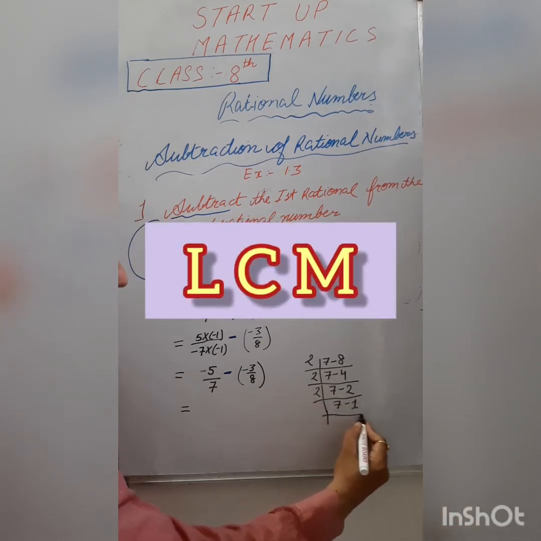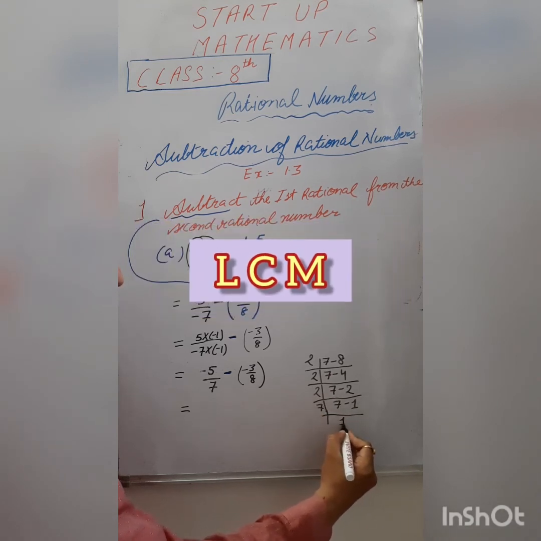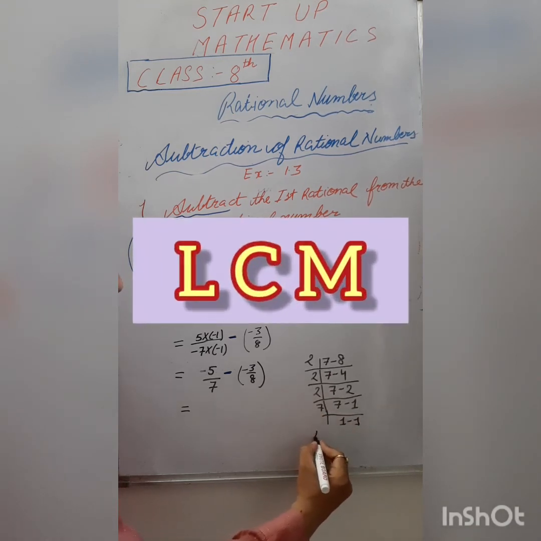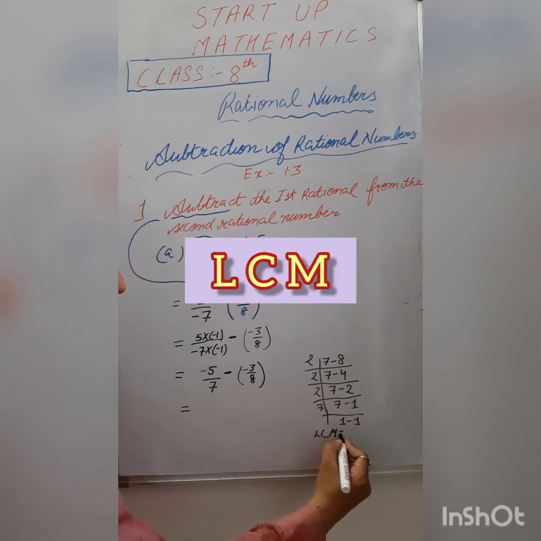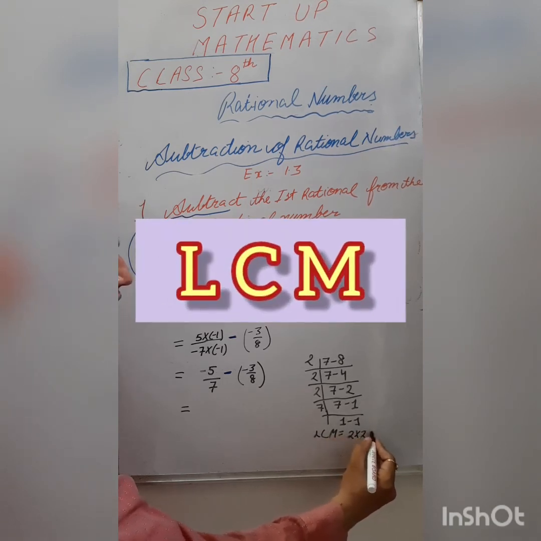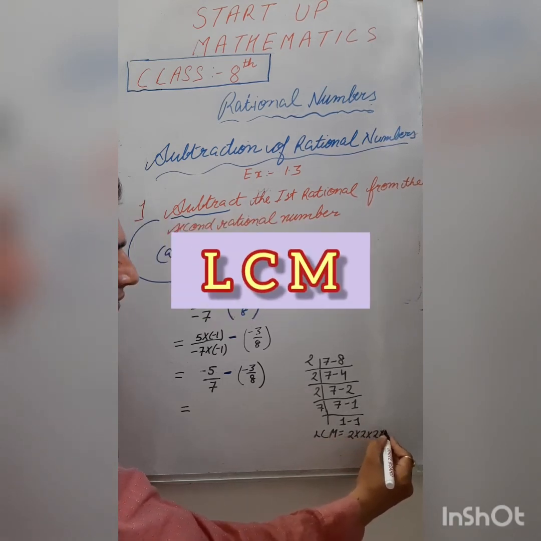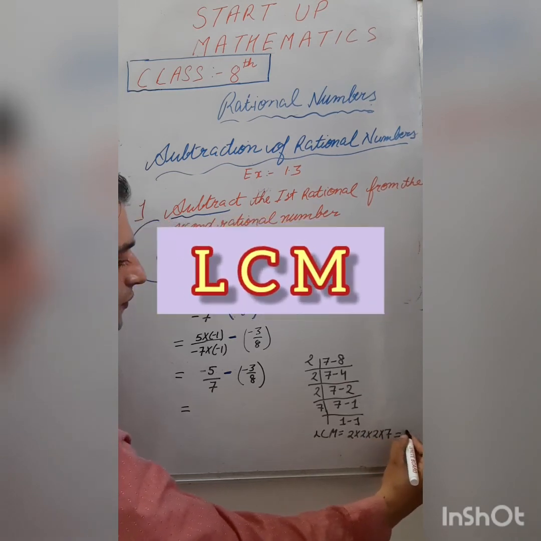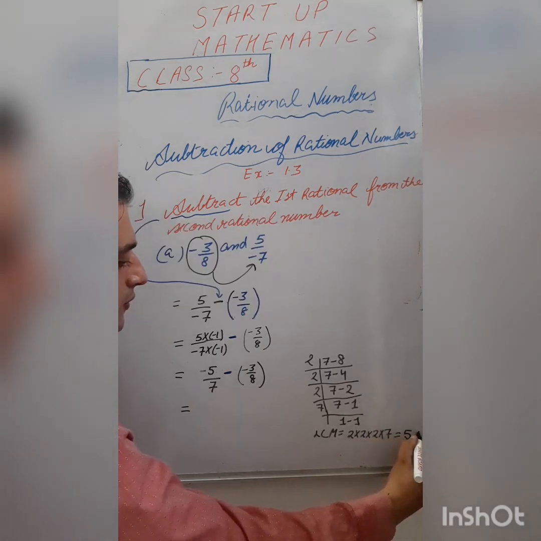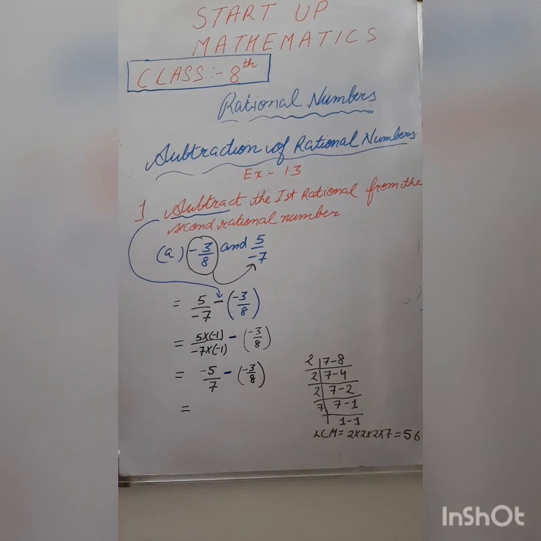Now the prime number 7, 7 ones are 7. The LCM is 2 times 2 times 2 times 7, which is 56. The LCM of the two denominators, 7 and 8, is 56.